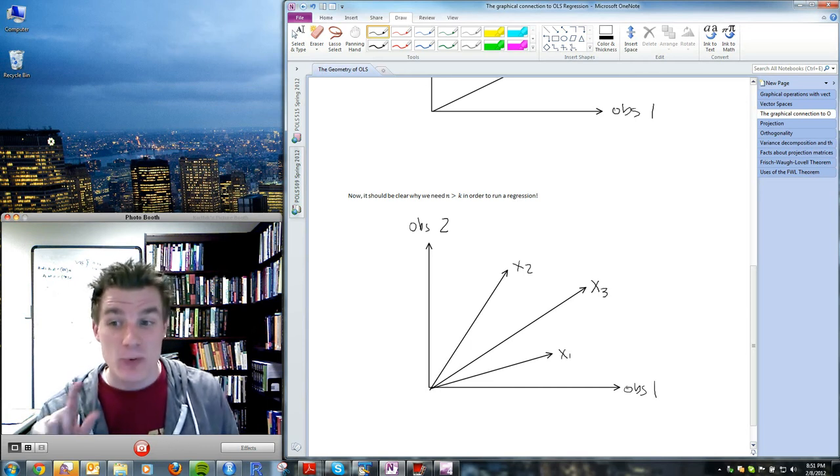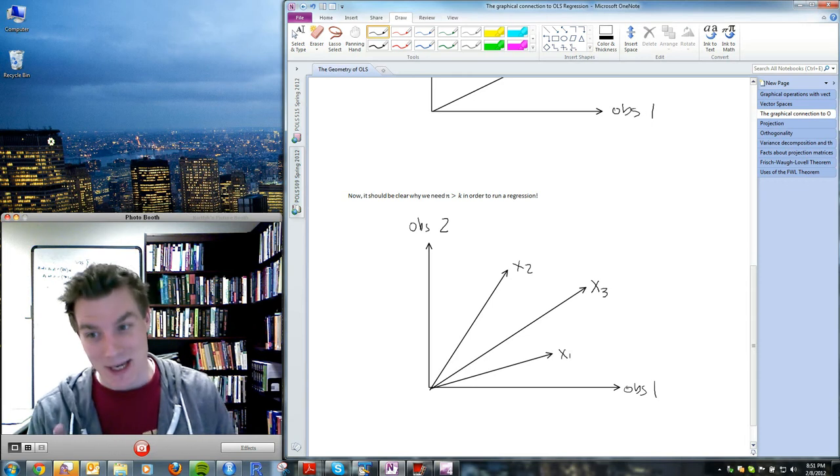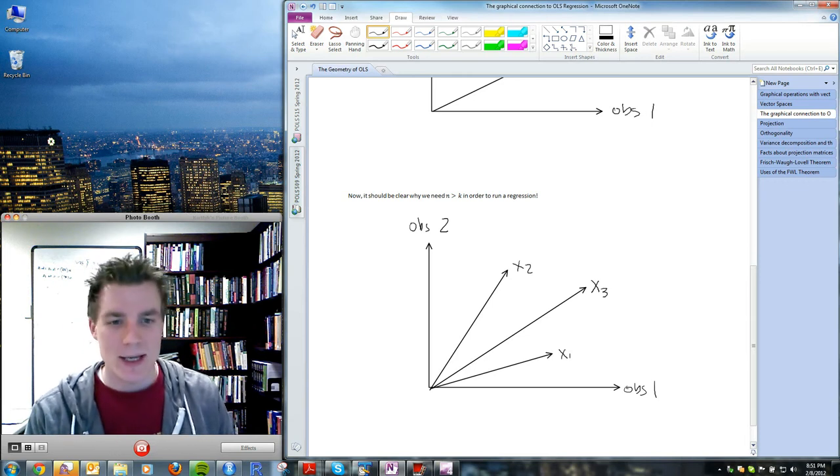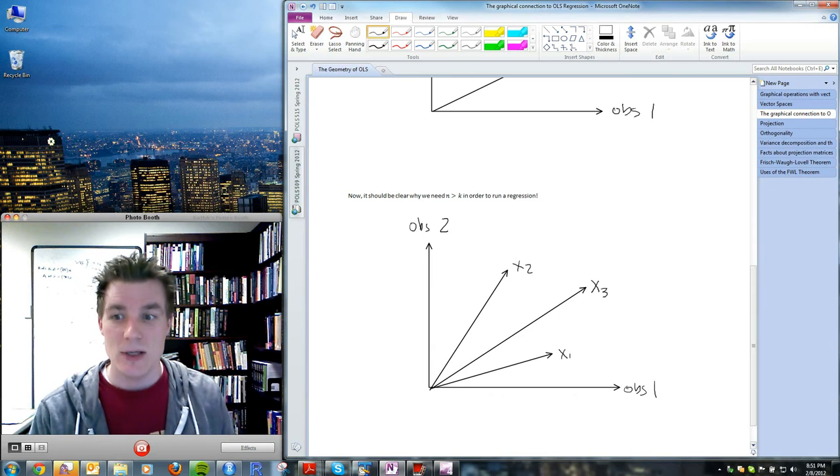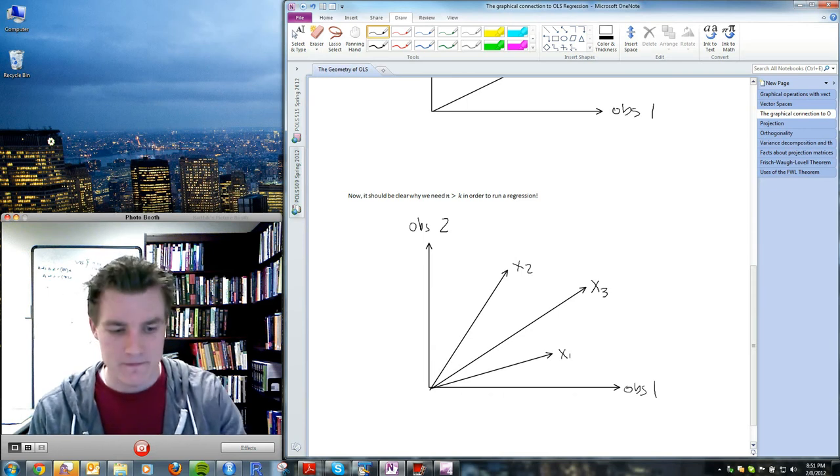In fact, I could predict x3 with x1 and x2. x3 is no longer linearly independent from x1 and x2 in a sense. So that's why we need more observations than we have variables, and that's going to become more clear as we proceed with the demonstration and I start showing you what linear regression is doing in this subspace.